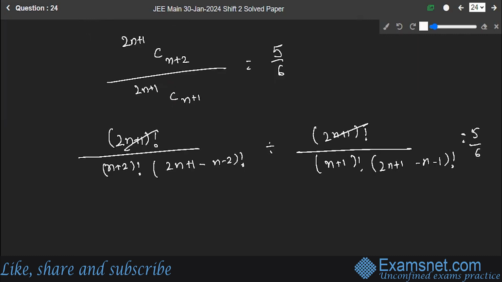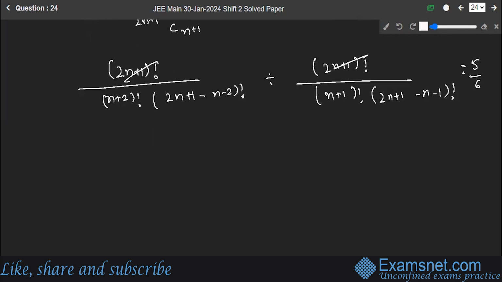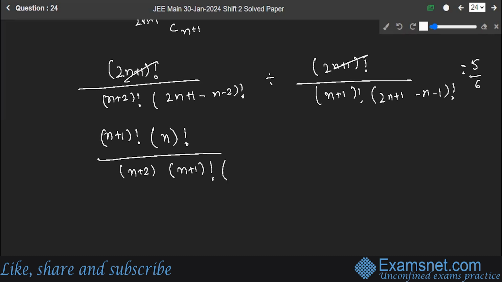These two will cancel out, and you will have (n plus 1) factorial, n factorial divided by (n plus 2) factorial, (n minus 1) factorial. This will cancel, and this will cancel. This was equal to 5 by 6.